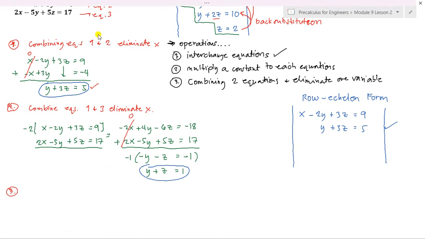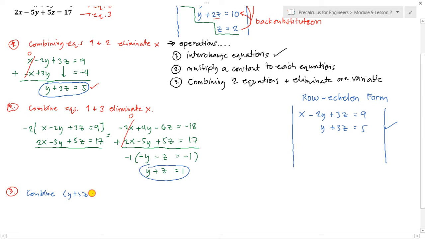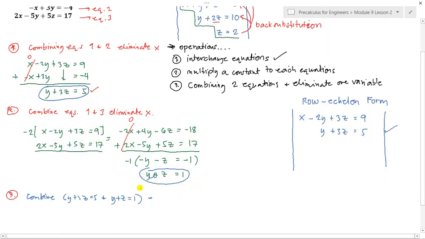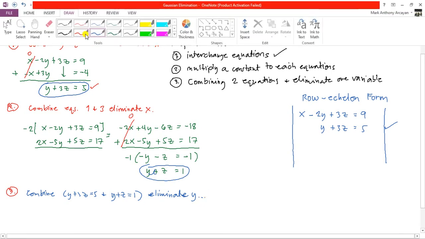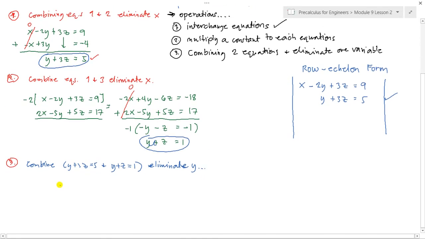So aton sila i-combine. So combine y plus 3z is equals to 5 and y plus z is equals to 1. Eliminating y. We are going to eliminate y. Ato na siya eliminate. So let's do that.